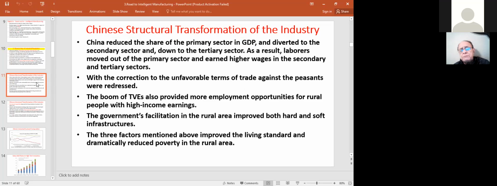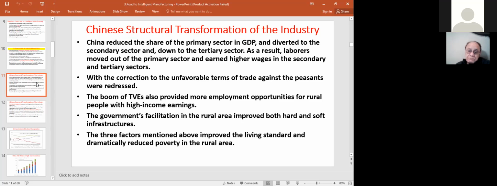So the share in GDP that was going into the primary sector, or the big public owned sector, was reduced, and it was diffused into the secondary sector, or even into the tertiary sector.